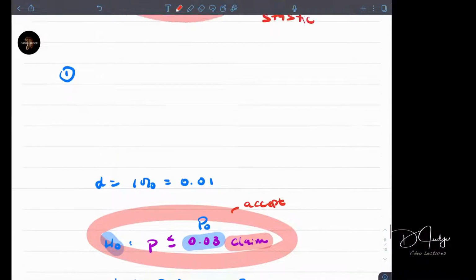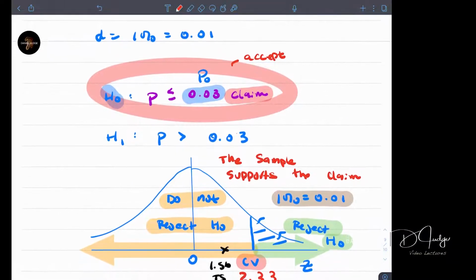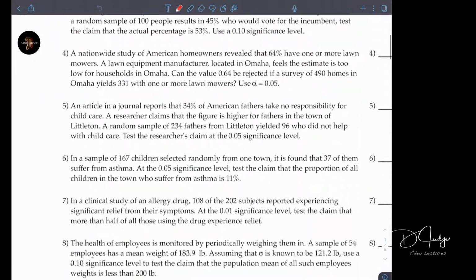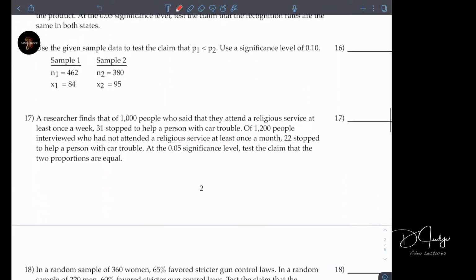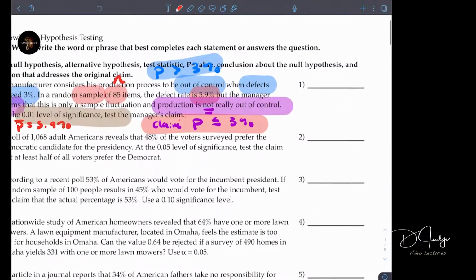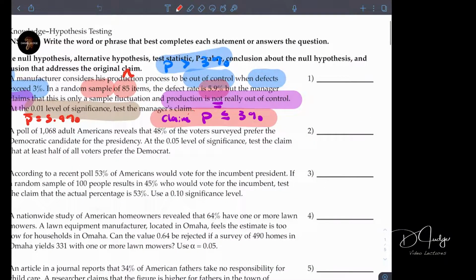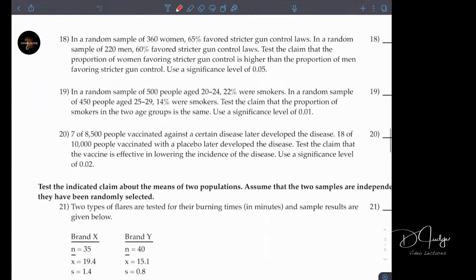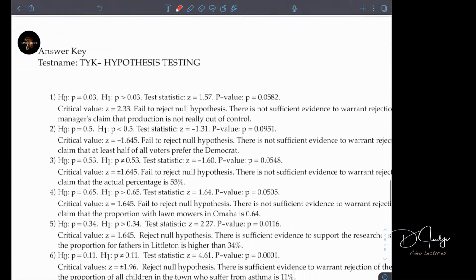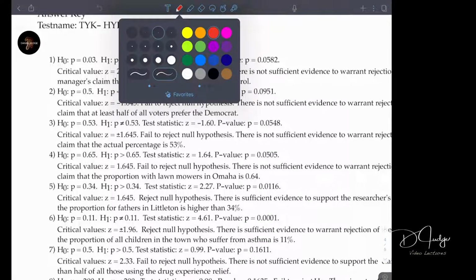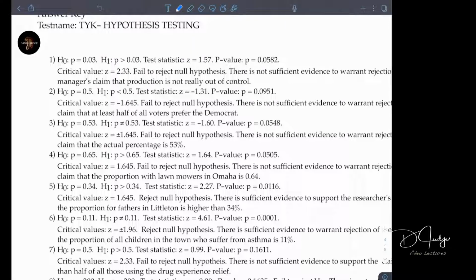Right? Let's go back. I think we're good. Sample supports the claim. Let's go back and look at this sheet here for number 1. Remember what our claim was. The claim is that it's under the 3%. So H naught, they get lazy. That's where it's equal.